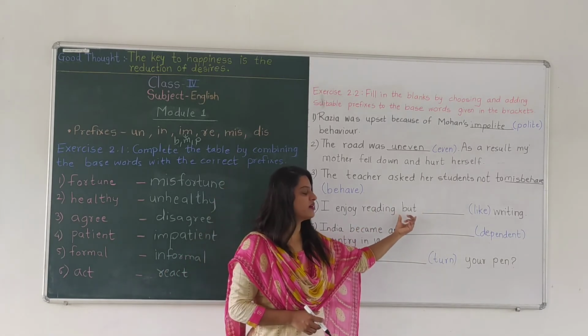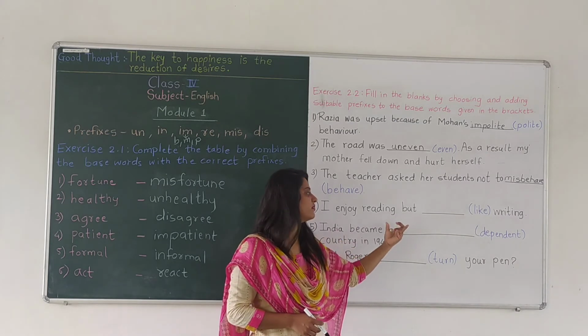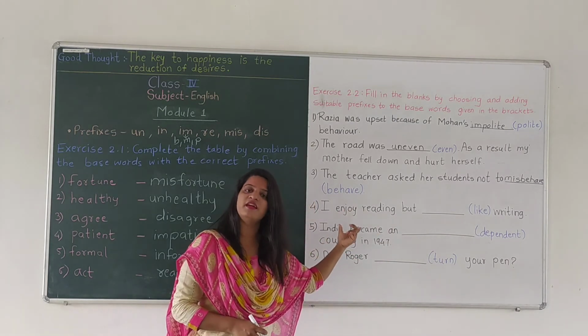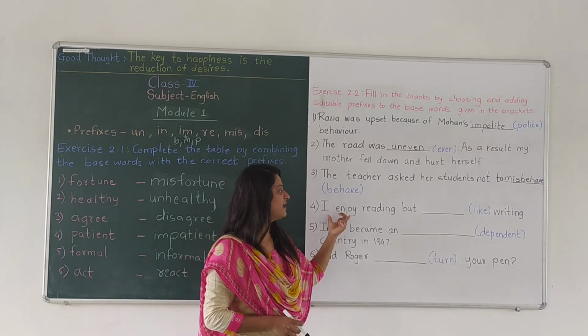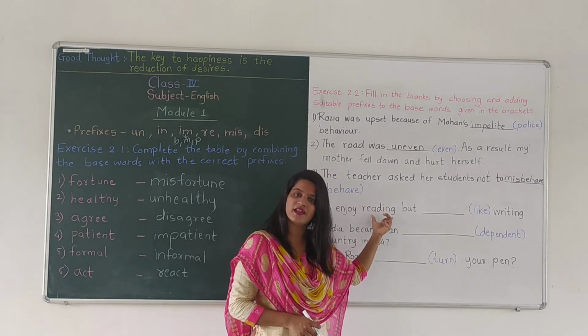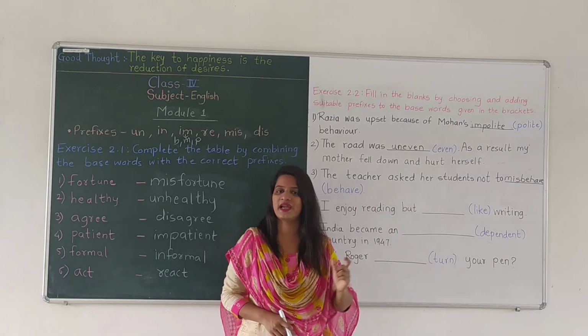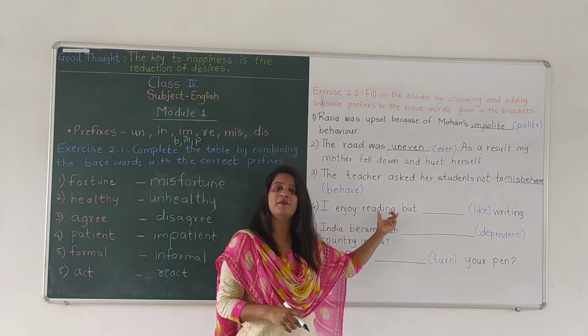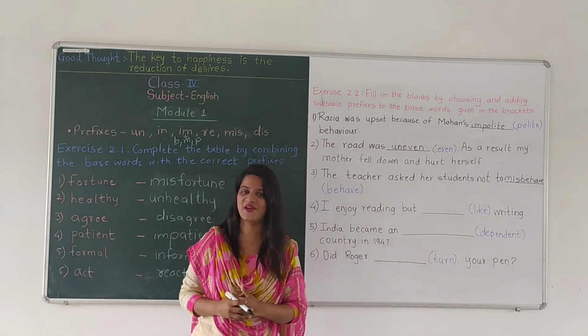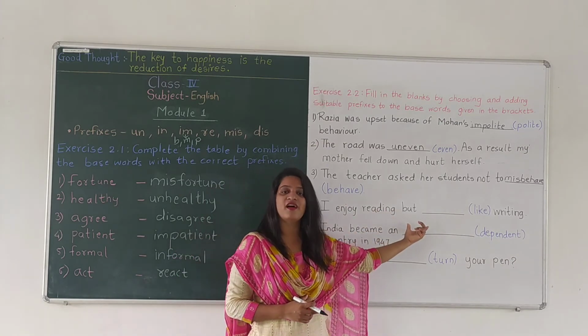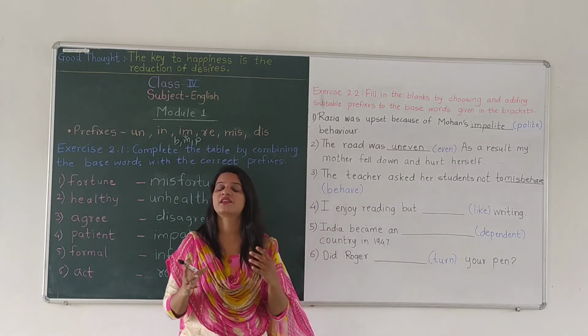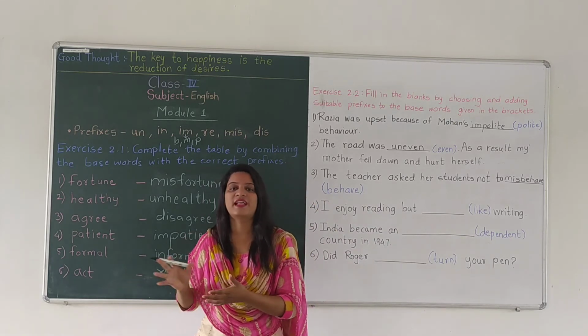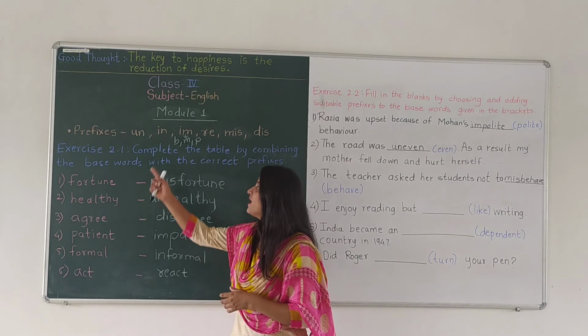Here the word but is mentioned. So here it is to convey that we enjoy reading but don't like writing. So what can we write here? What can be the prefix? Now you will say that we are not liking it. Right? So it can be un.